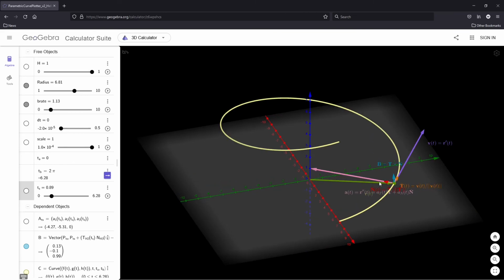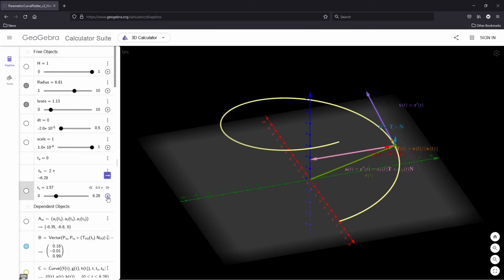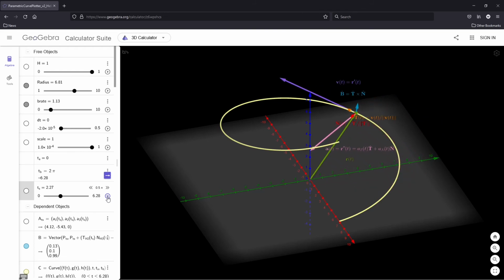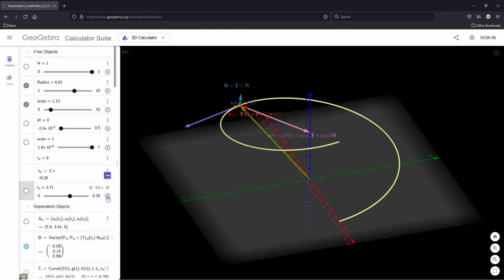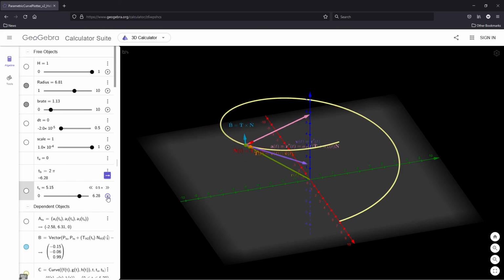The acceleration vector is always the radius times negative cosine theta, negative sine theta, and this stays constant for any point on the helix. Which is really quite incredible, because the a_T, tangential acceleration, is 0, and a_N is just r times N hat, which is negative cosine theta, negative sine theta.